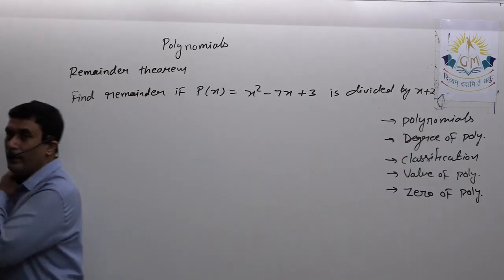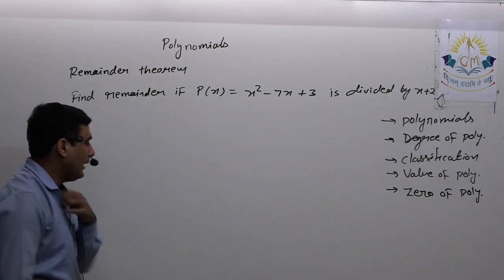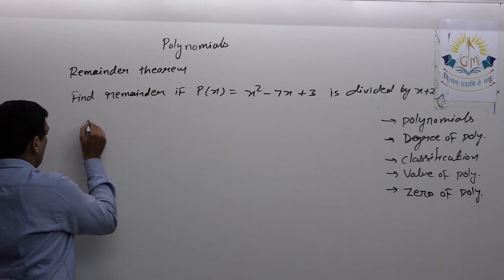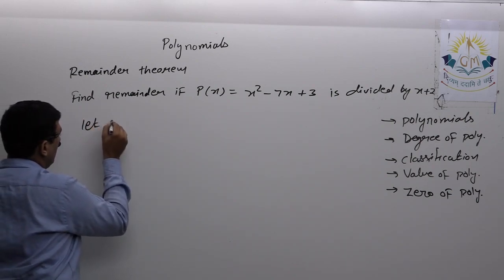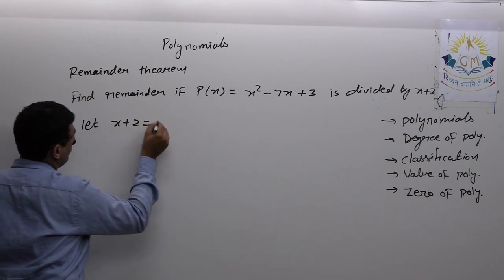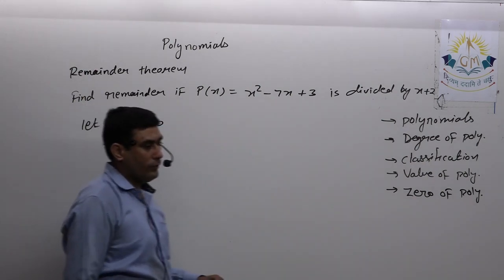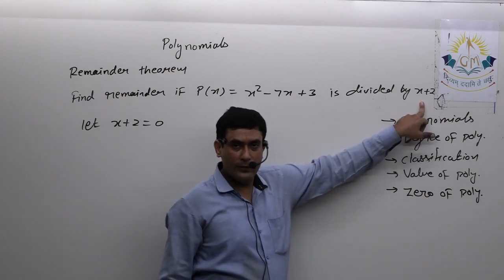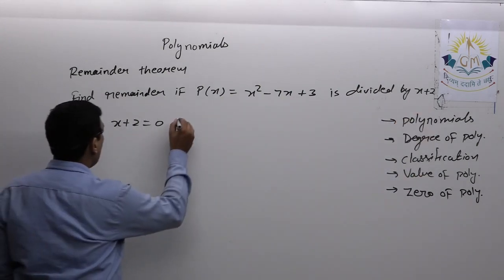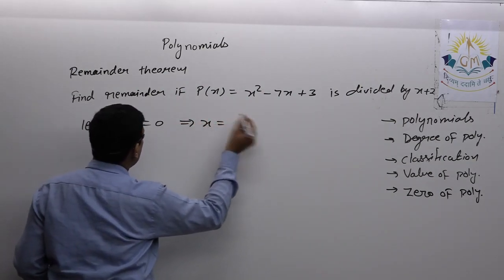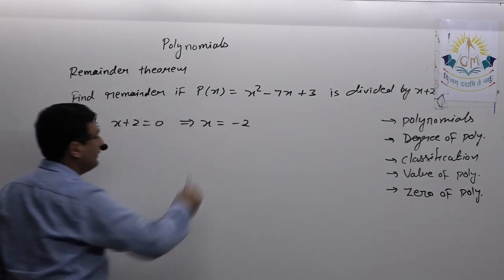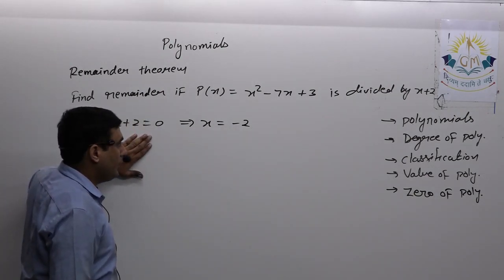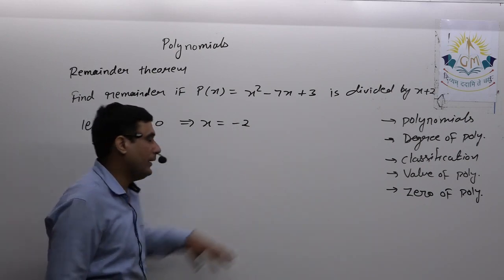What is the algorithm, how do we proceed? Very first step: let x plus 2 equal to 0. We equate the divisor polynomial with 0 and obtain the value of x, the variable, from there, which is minus 2 in this case.